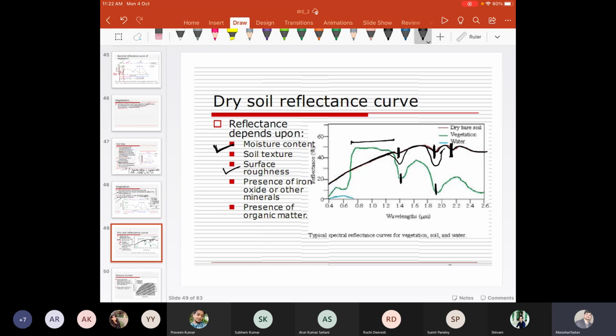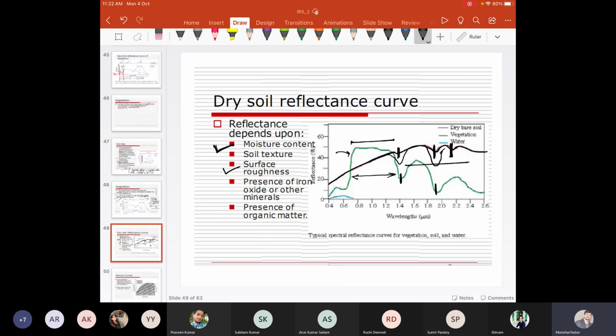The significant reflectance we get is in the mid-infrared band, more than 1.3 micrometer. While if you analyze within this 0.7 to 1.4 micrometer, the highest reflectance we get is from vegetation compared to soil.